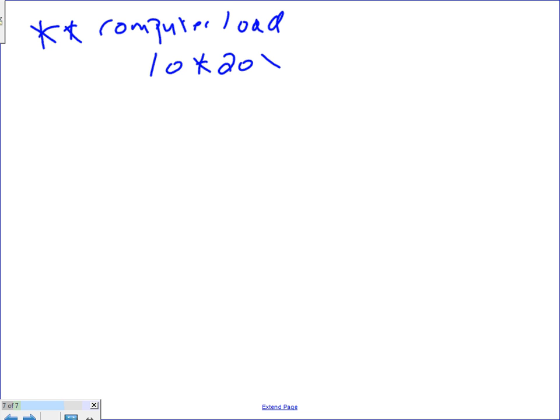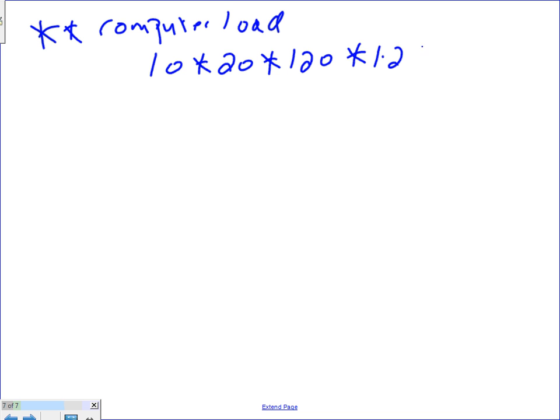Okay, the second one, guys, is computer load. All you need to know about this baby is that it's continuous. So how many circuits do I have? I have 10 circuits. Each one of them is 20 amps. Each one of them is at 120 volts. And it's continuous.